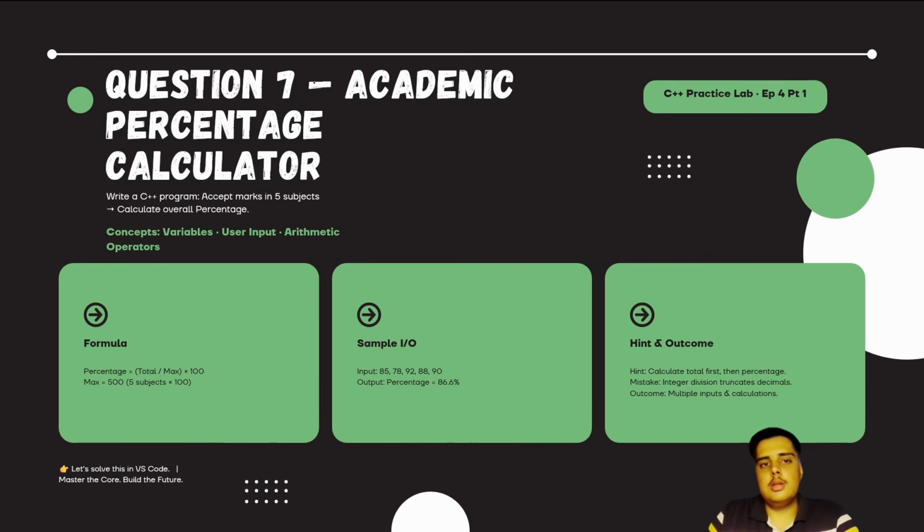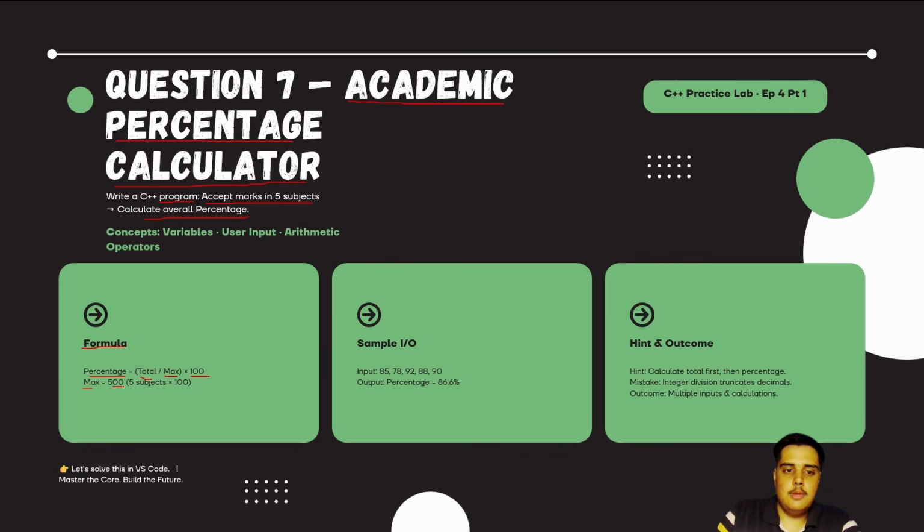Now hopping to the 7th question. In this question we have to build an academic percentage calculator. We have to write a C++ program that accepts marks in 5 subjects and calculates the overall percentage. So in the formula the percentage should be total divided by max into 100.